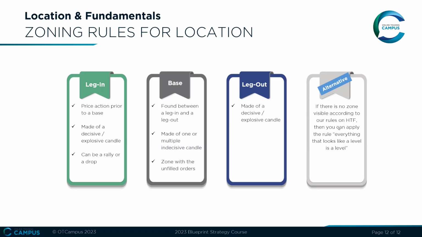everything that looks like a zone or everything that looks like a level is a level. So what that means is you don't care about explosive, indecisive, decisive. You don't care about over-isolating all these different parts of our formations.